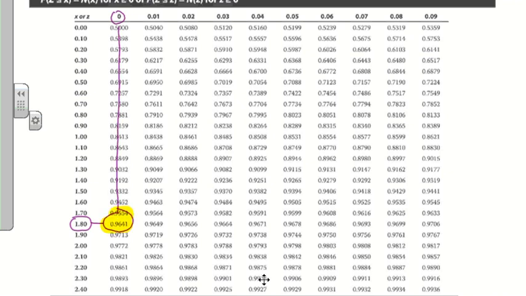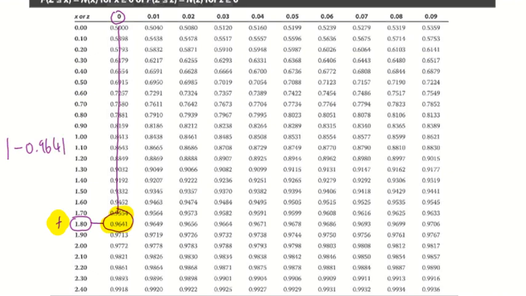96.41. But remember, that is for positive 1.80. Is everybody comfortable? So what is my p-value? My p-value will then be 1 minus 0.9641. Everyone happy with how I calculated my p-value? Step number 1 was to calculate your test statistic, which was equal to minus 1.8.